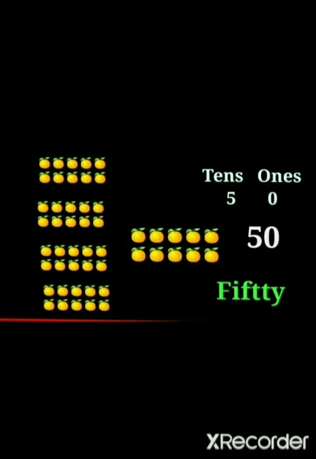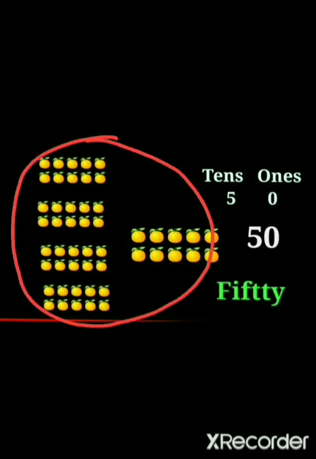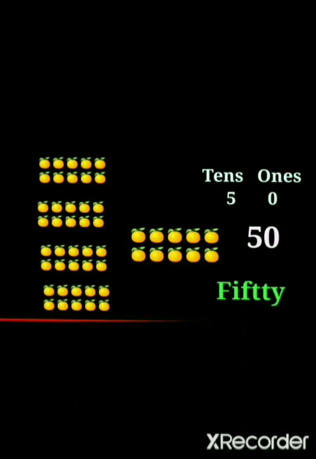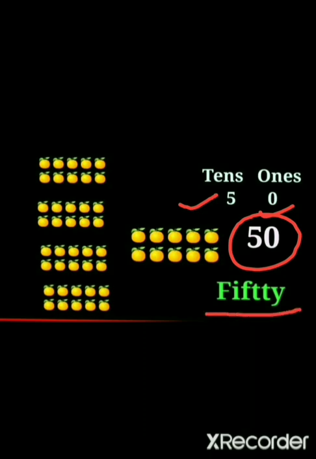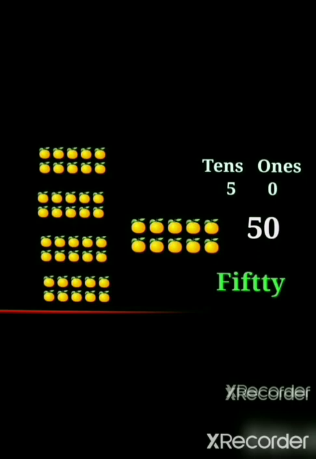It means total 50 oranges are there. For 50 you will write 5 tens and 0 ones. The number is 50 and the spelling is FIFTY, 50. I hope you all have understood this chapter nicely.